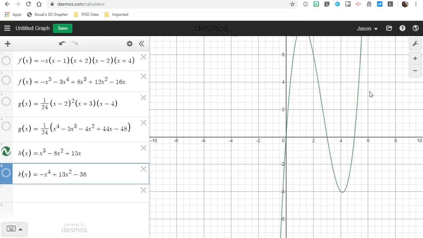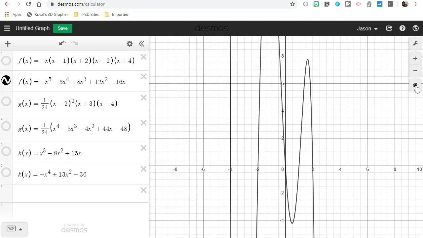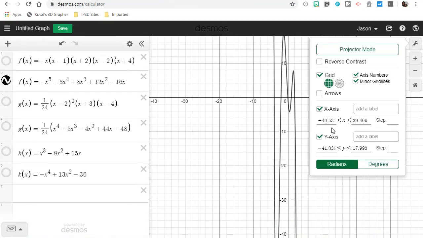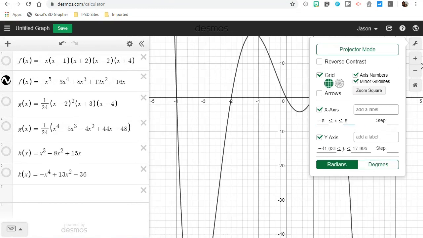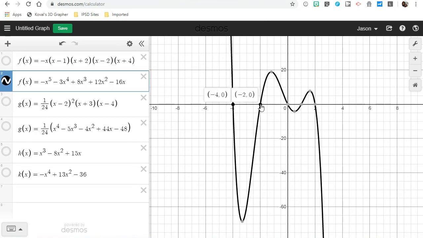When the power was 3, notice I only had 2 turns on my graph, maximum anyway, maximum amount of turns. And then with this graph, the x to the 5th, I need to change my window a little bit just to see it better. But I can see that I have 4 turns on this graph. And notice that the maximum amount of zeros on a graph is the same number as the leading power.